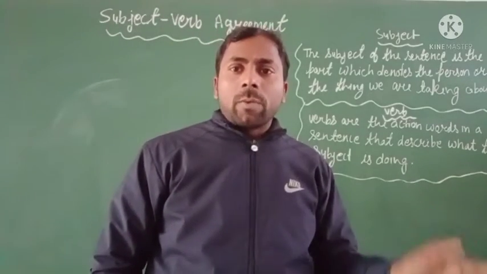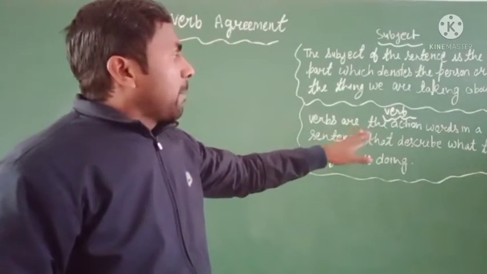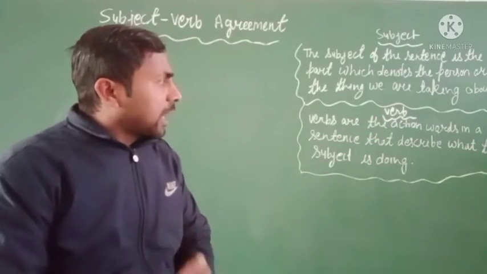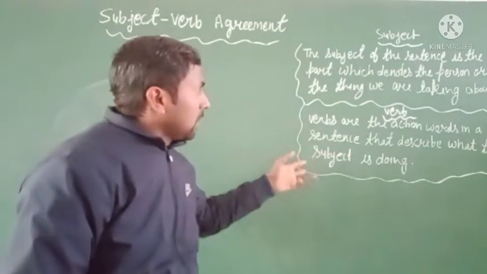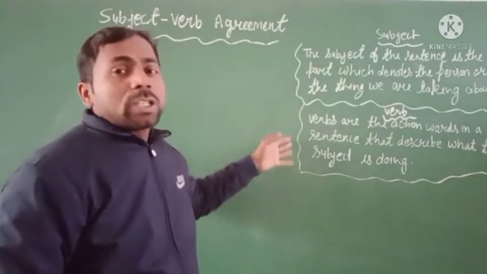Clear? And what is the definition of the verb? Verbs are the action words in a sentence that describe what the subject is doing. So you will see in both definitions, both are connected to each other.